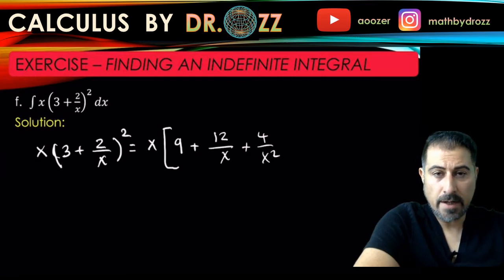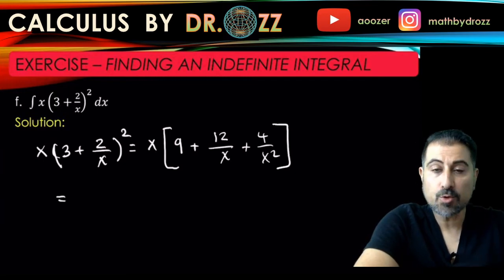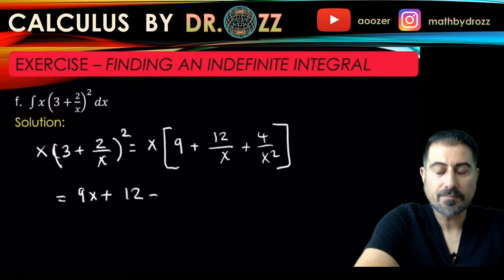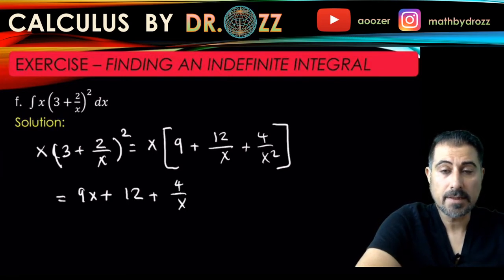So now I'm going to expand this whole thing all the way. So x times 9, x times 12 over x, and then x times 4 over x squared, so that's 4 over x. Okay?